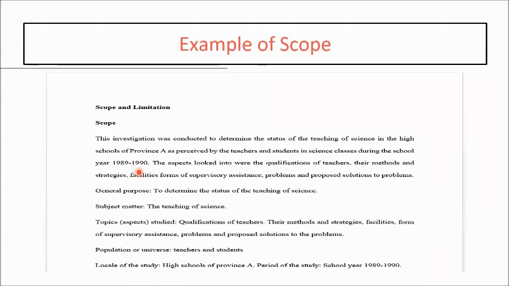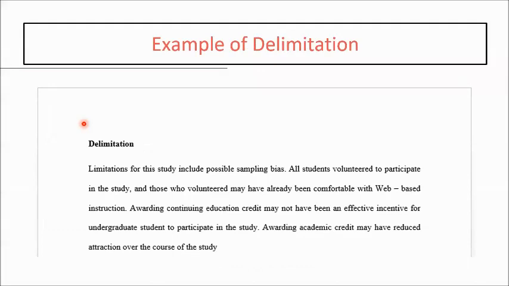Okay? So naka-indicate sa scope yung sakop lang niya. Kung ano yung mga period and the locale, o kung sino yung mga kasali. Di ba? So, yan. For example, the teachers. And the limitation also is written in paragraph form. Okay?